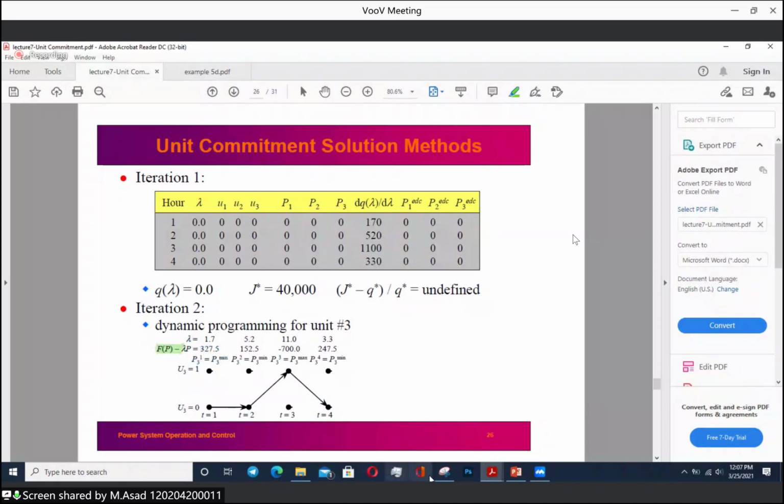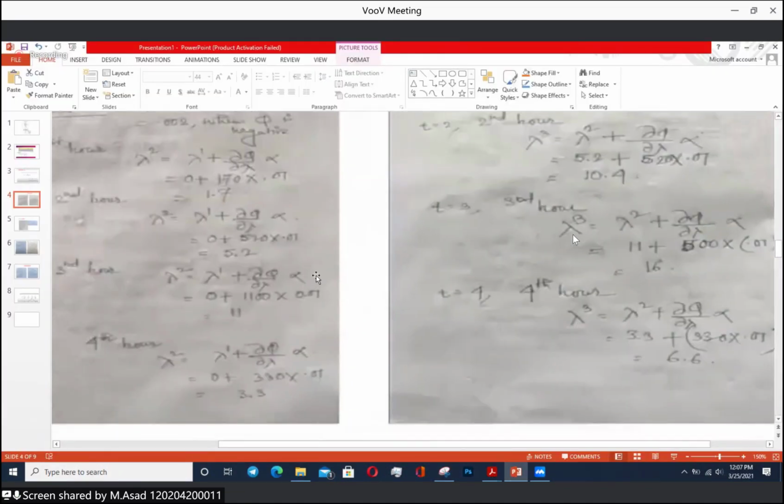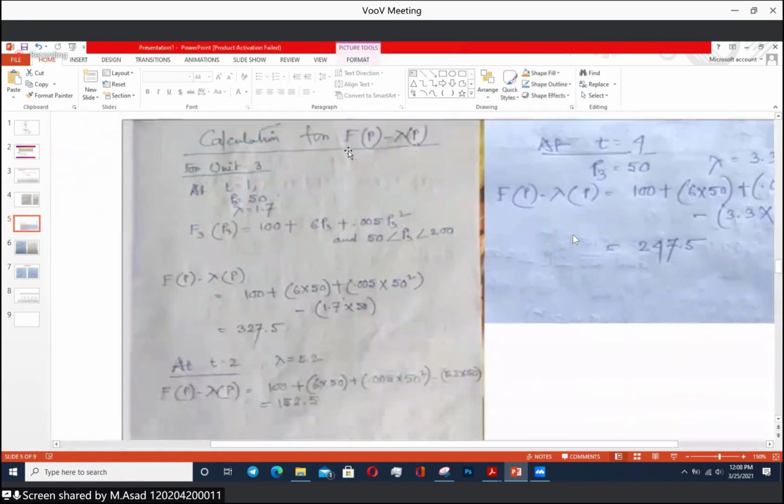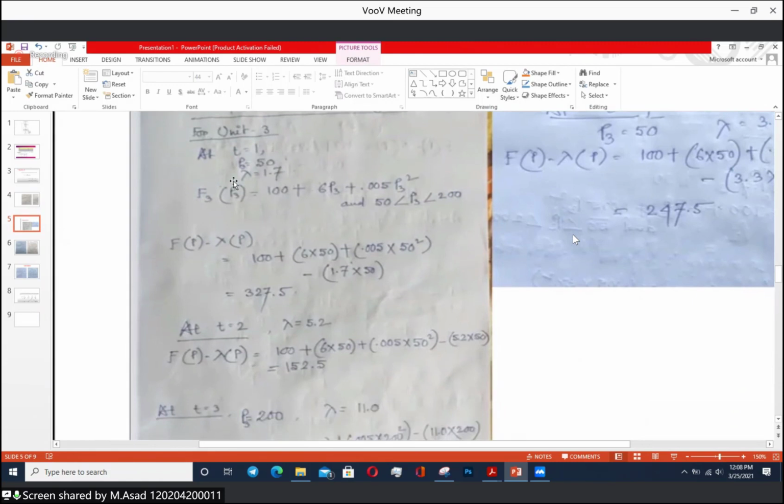These values we have already calculated here. This is the third iteration for lambda 3, that is for the next stage, and this is the calculation of cost minus lambda p for unit number 3, because in our second iteration unit number 3 is running.